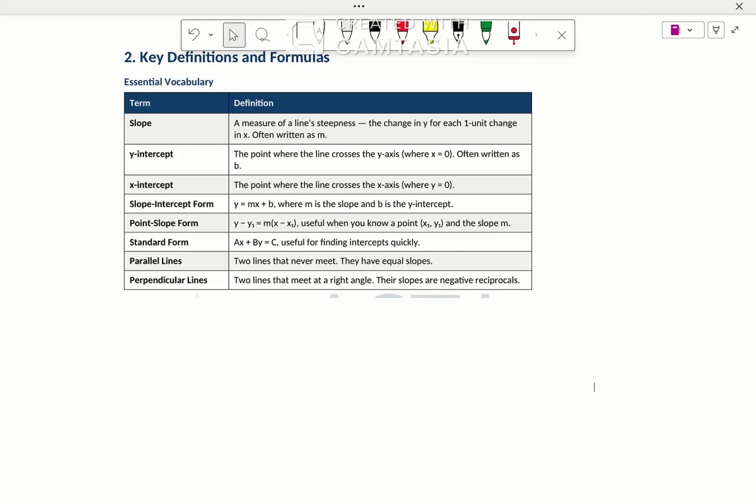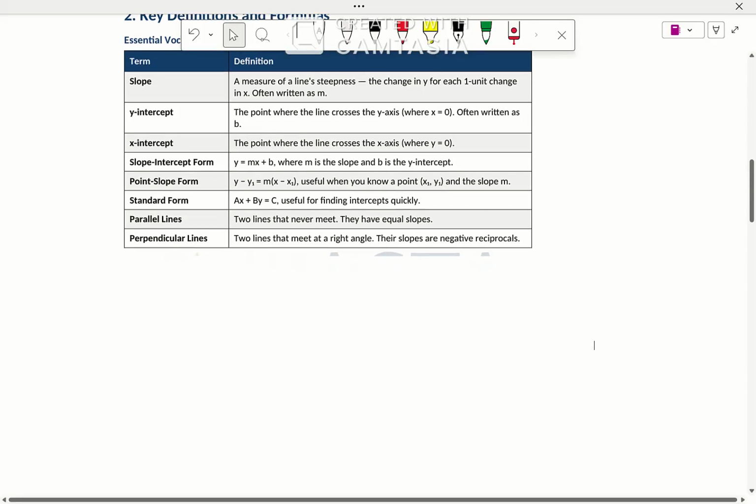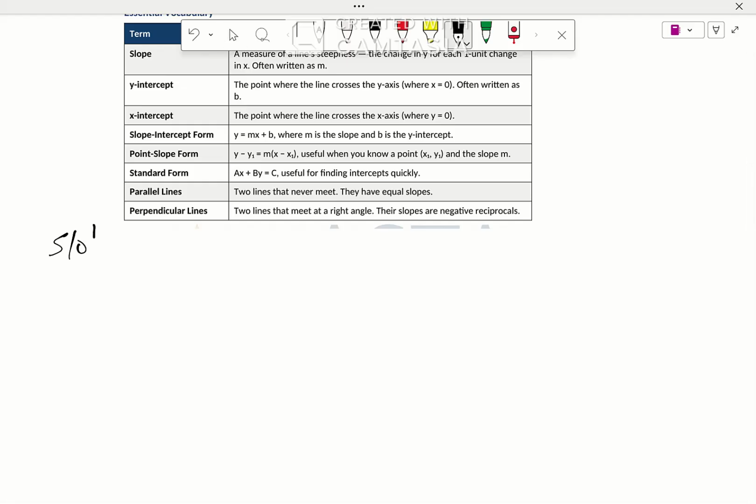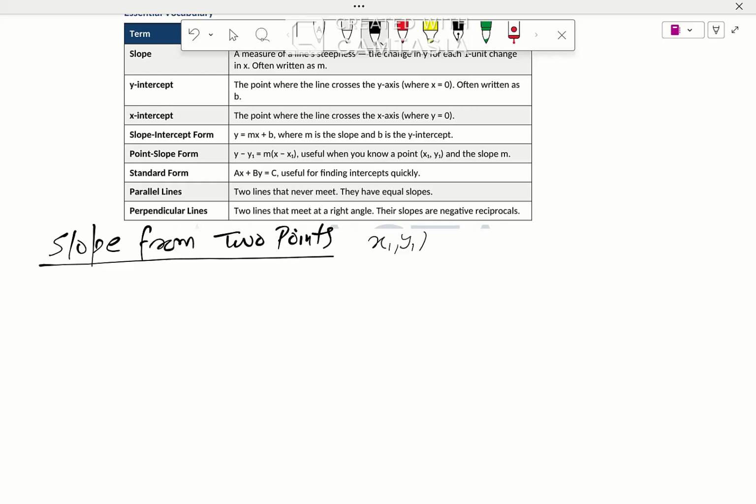So with this, let us look at slope. The next concept is the slope from two points. How do we find the slope of a line once we are given that it passes through two points? Let's say the two points are x1, y1 and x2, y2.